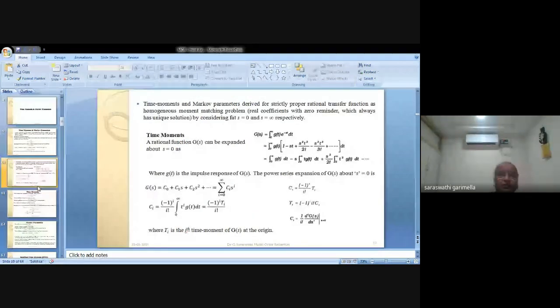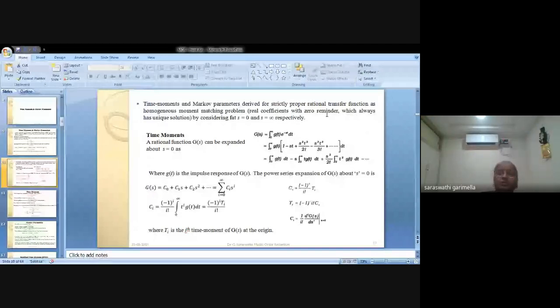Time moments and Markov parameters are derived for a strictly proper rational transfer function as a homogeneous moment matching problem. What it means I'll explain in the next slide. Real coefficients with zero remainder means they must be cancelled and the remainder must be zero.